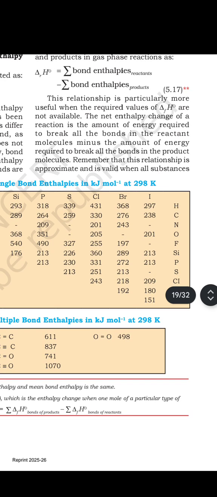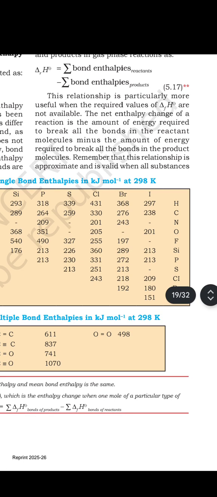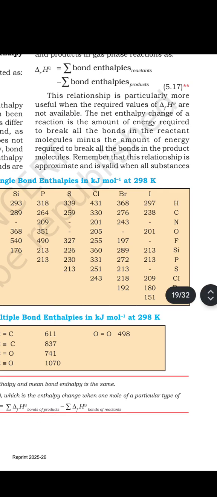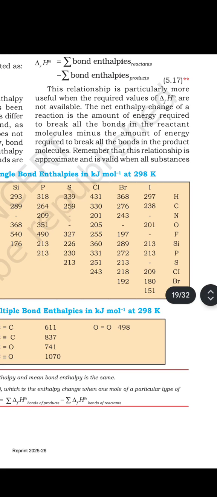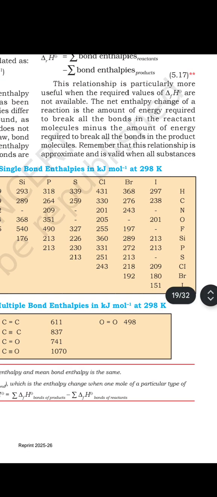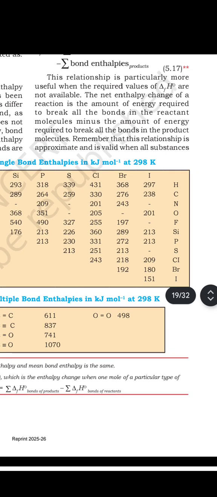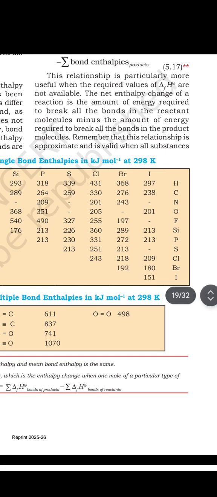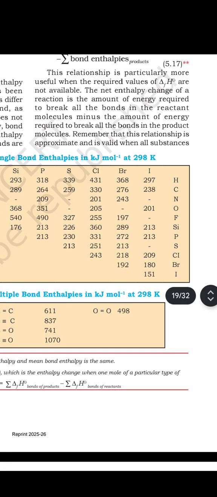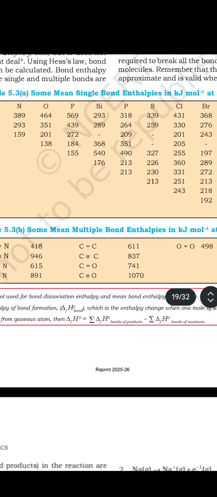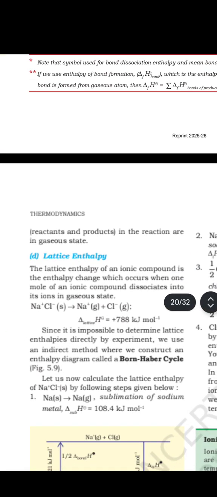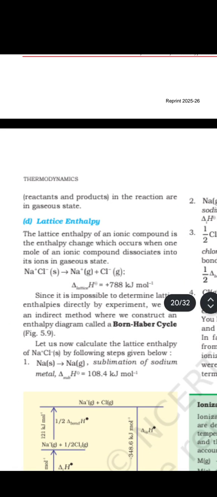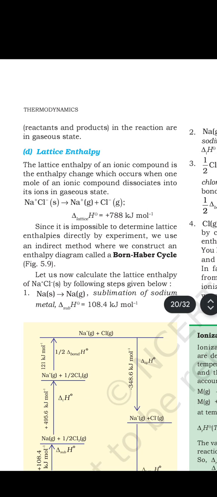The net enthalpy change of a reaction is the amount of energy required to break all the bonds in the reactant molecules minus the amount of energy required to break all bonds in the product molecules. Remember that these relationships are approximate and valid when all substances in the reaction are in the gaseous state.